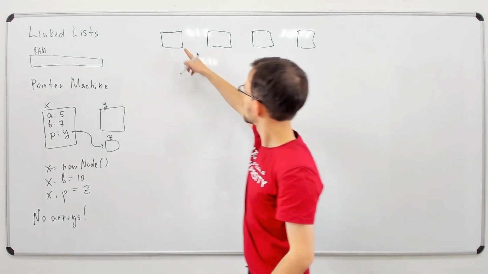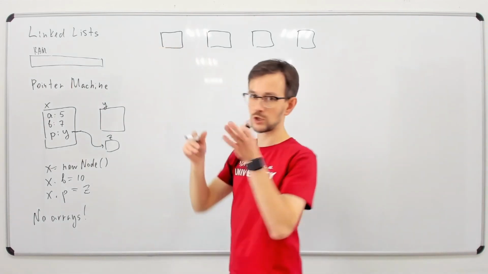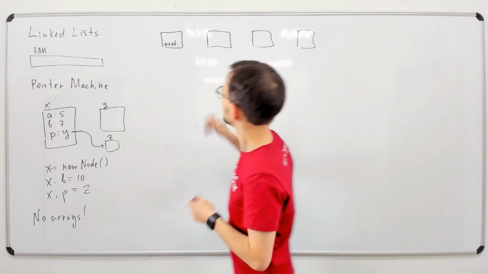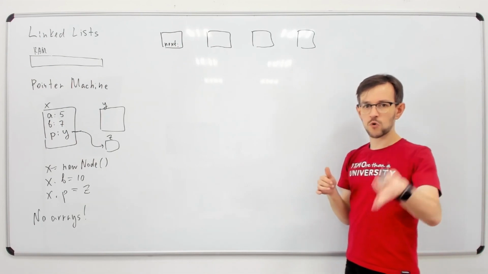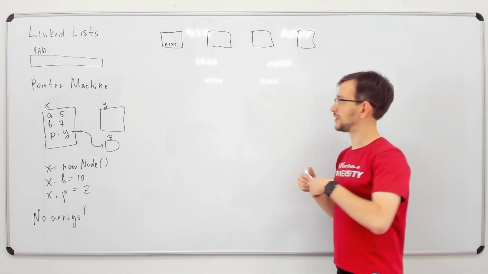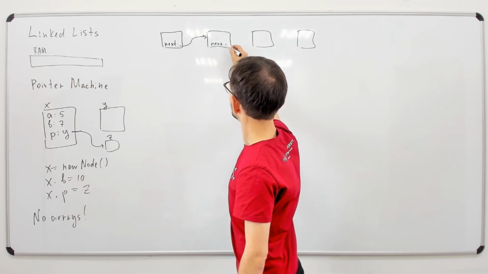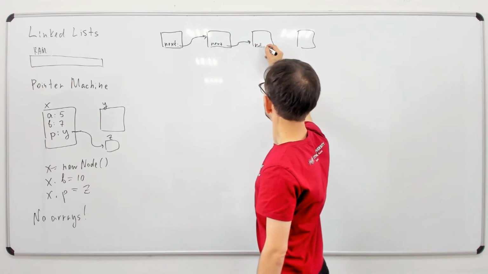So in each node you have one special field. Let's call it next, which is the pointer to the next node of the list. From here you have a pointer to this element, here you have another next to this element, here you have another next.